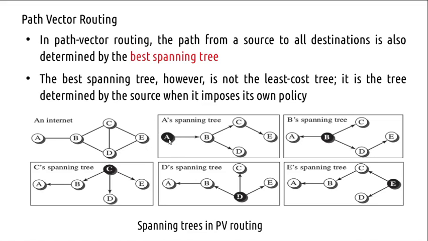For instance, A has two paths to E, through C or through D. But A purposely avoids D as an intermediate router. Maybe it is not a secure router, or it has some other reason to avoid D. So it follows a path through C.